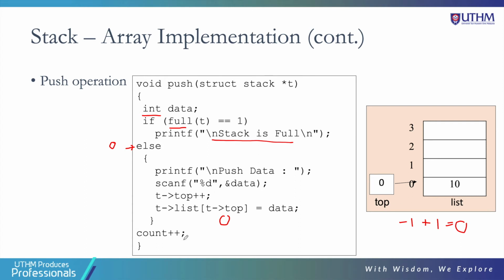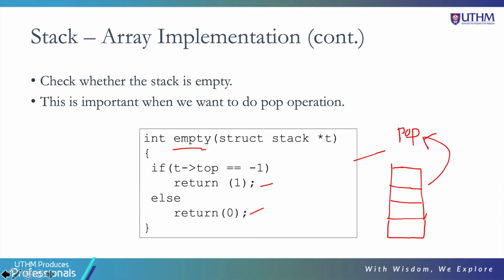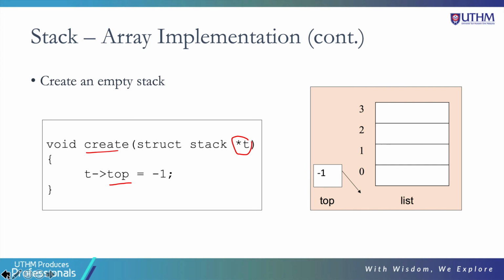After that, count plus plus. This is the purpose of count. The purpose of count is whenever we want to display all the elements, all the values inside the stack. Previously I declared int count as 0, right?